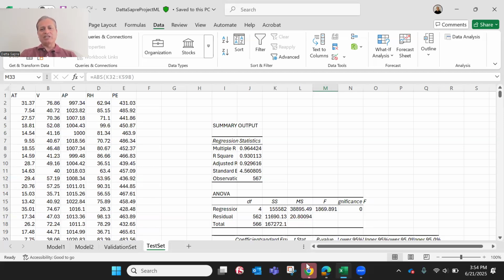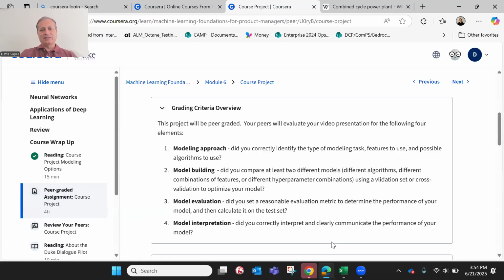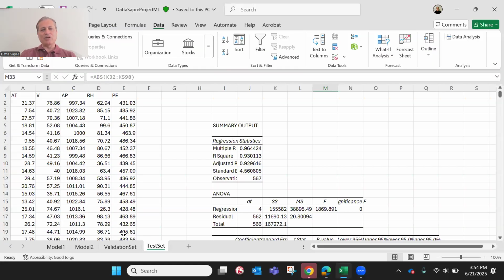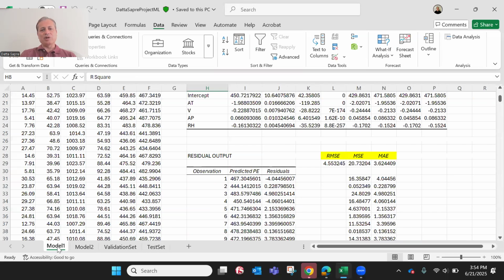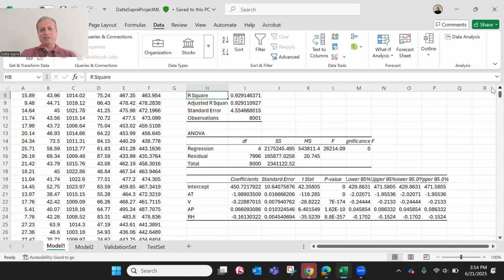Again, multiple regression modeling with MAE for model comparison, and model building was with multiple regression. As for interpretation of the model, it tells us clearly that model one, with all the features, contributes to the final outcome of the power generation.